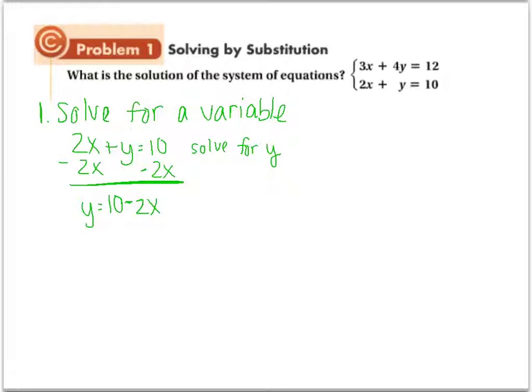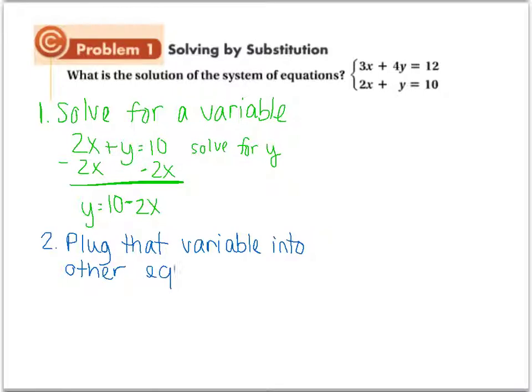You take the other equation, whichever equation you didn't use, and in this case, we didn't use the 3x plus 4y equals 12.